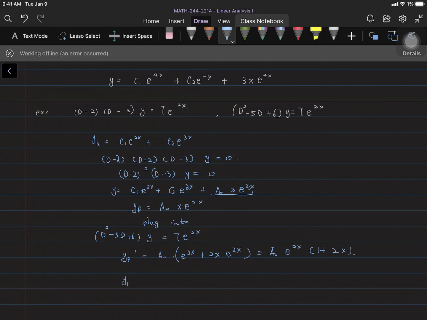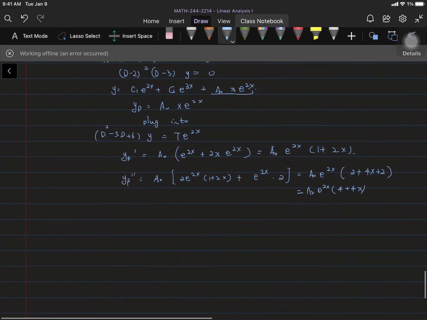Okay, and the second derivative, which is product rule again: 2 e to the 2x plus f g prime 2, and I factor e to the 2x out, so it becomes 2 plus 4x plus 2, which is a naught e to the 2x, 4 plus 4x.